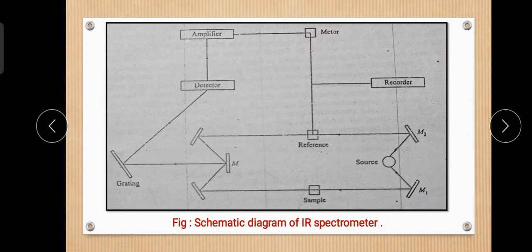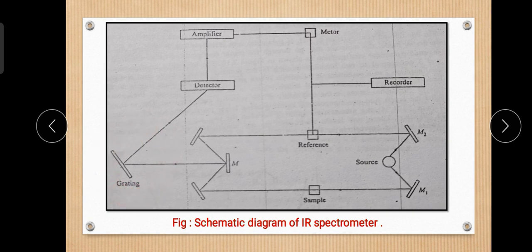After this process, M1 and M2 reflect and divide the radiation into two beams, one beam passing through the reference and another beam passing through the sample, and these two beams are focused on the chopper or movable mirror M, so that the movable mirror gives the beams to the grating or monochromator alternately or continuously depending on the requirement.